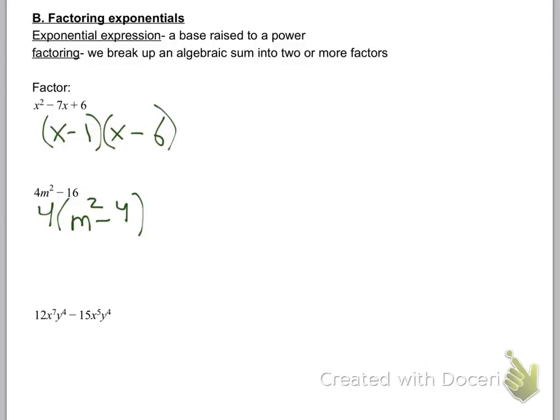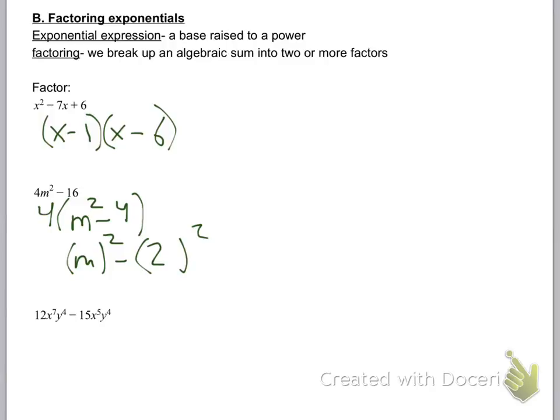I'm going to ignore the 4 out front for now. That's going to come along for the ride. You guys remember doing, hey, if I can fill this in, I'll know a and b. I ask myself, what's being squared to get m squared? M. What's being squared to get 4? 2.